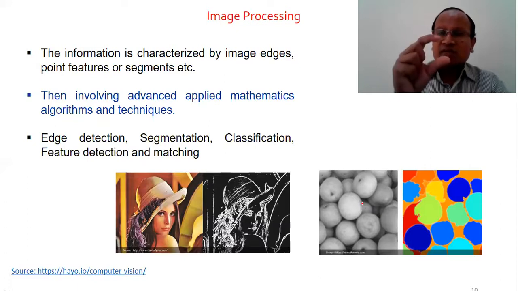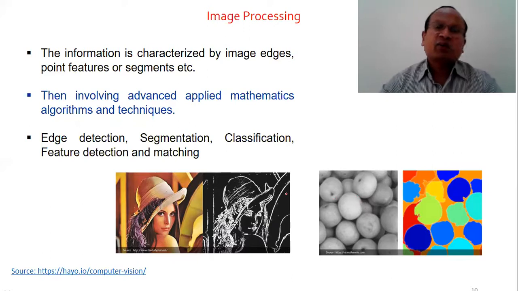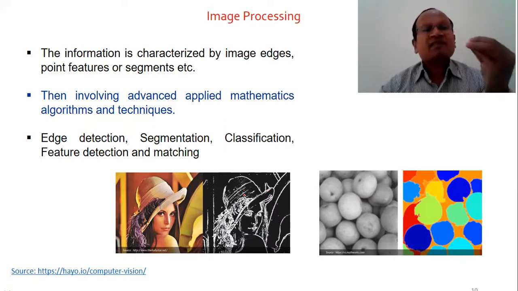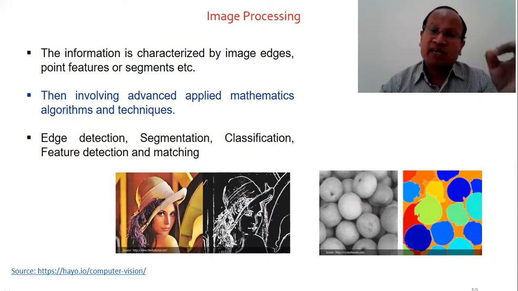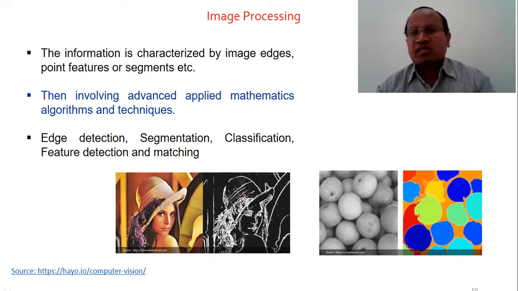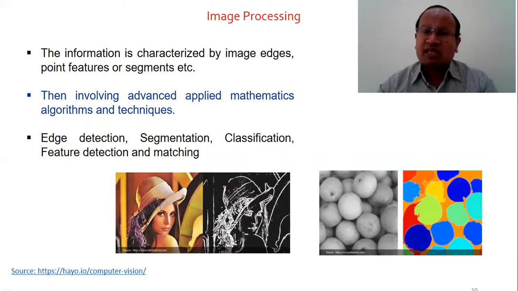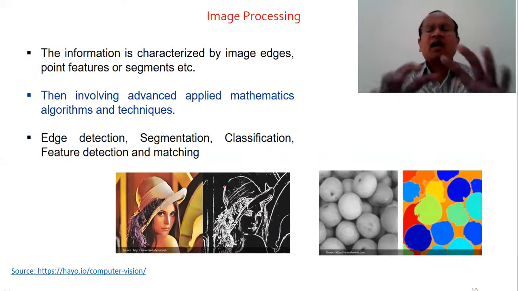So suitable image processing methods will be applied in order to extract whether they are segments, features, edges, or boundaries, using an appropriate image processing. Edge detection, segmentation, image classification, image recognition, feature extraction, pattern matching, object representation are all the parts.